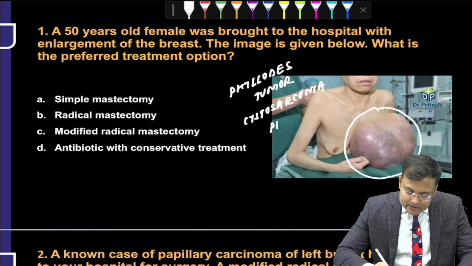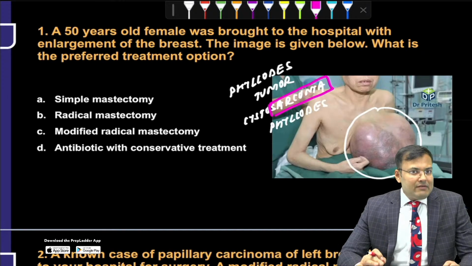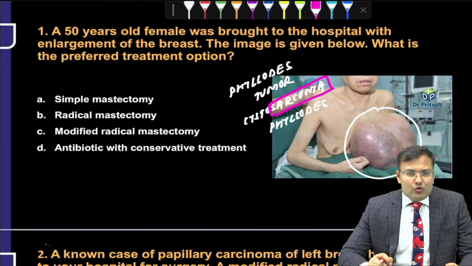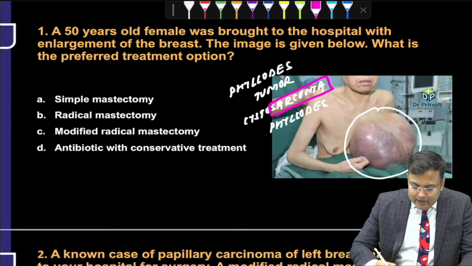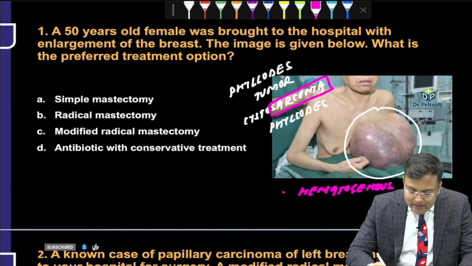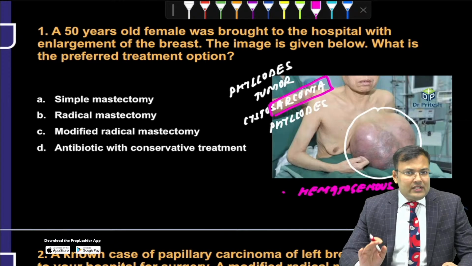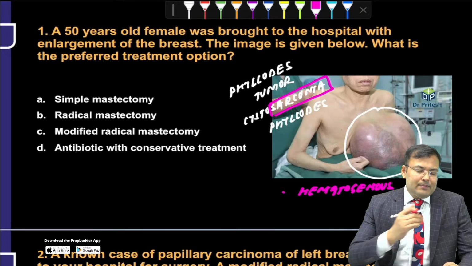And all of you know that it behaves like sarcoma. And if it behaves like sarcoma, what is the most common route of spread? Obviously, hematogenous. An important point is that lymphatic spread is not seen. So in cystosarcoma phyllodes, lymphatic spread is not seen.